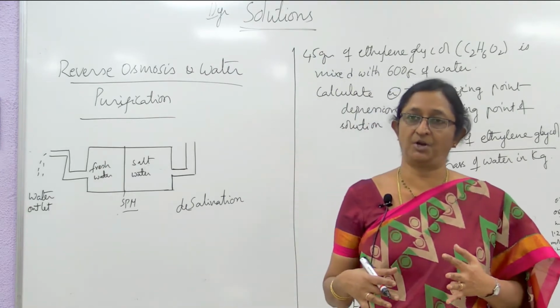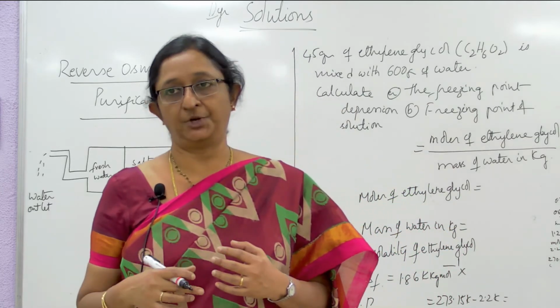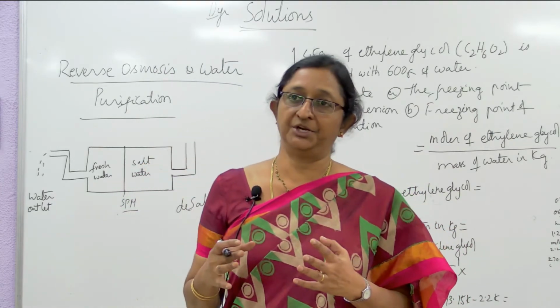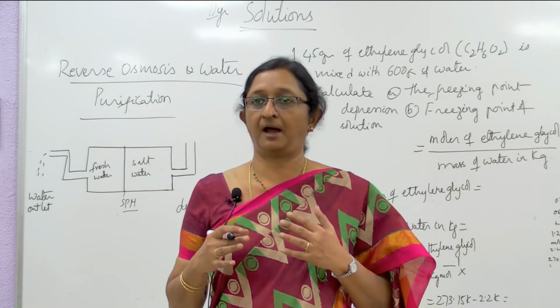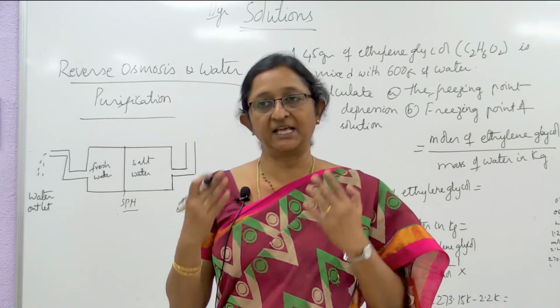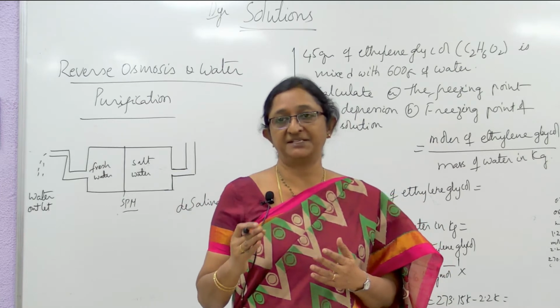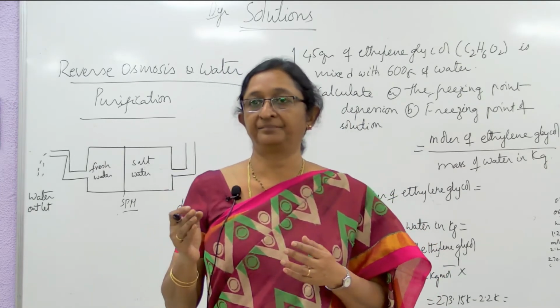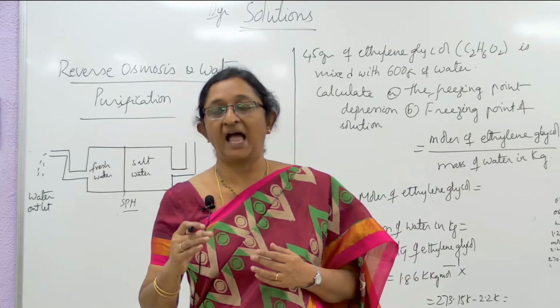So now let us revise all the things that we have learned in this chapter, that is solutions. So what are solutions? Solutions are homogeneous mixtures of two or more components, which maintain uniformity. The solvent is present in the larger proportion, and the other component is called the solute.